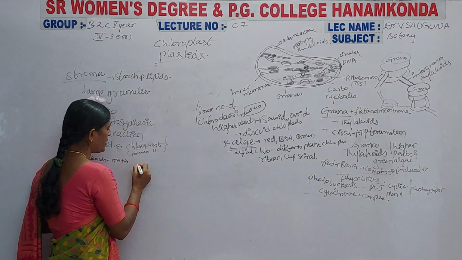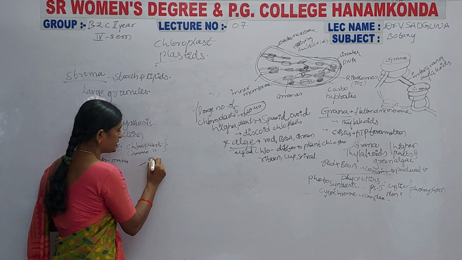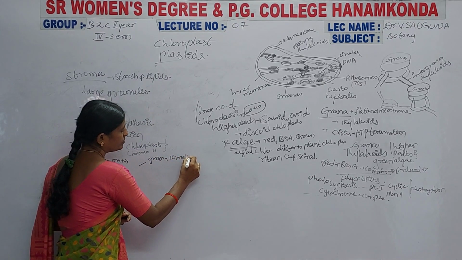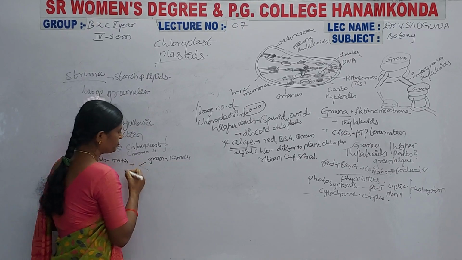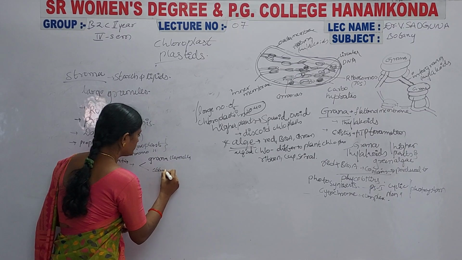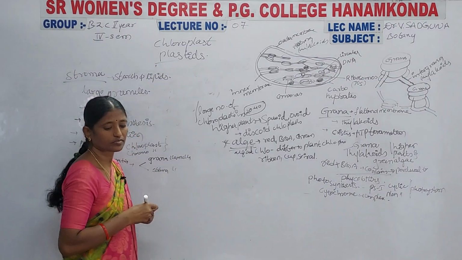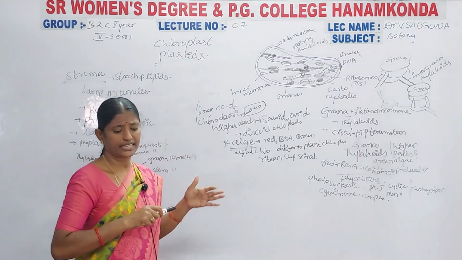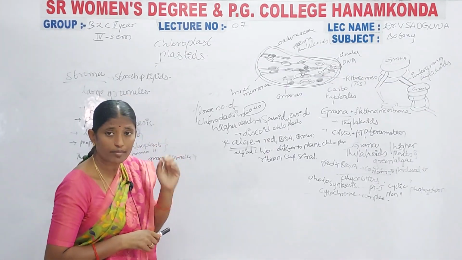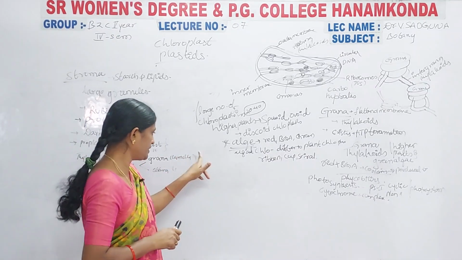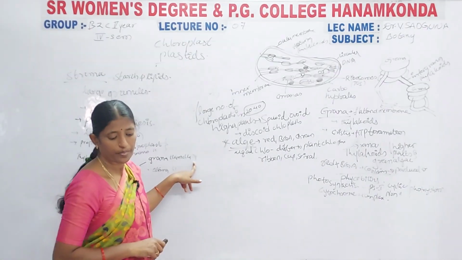Then the thylakoid matrix has two variations, the grana lamella and at the same time the stroma lamella. The grana lamella has a small amount of thylakoids.